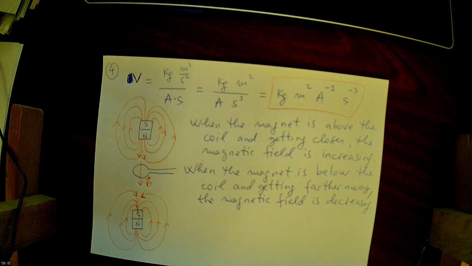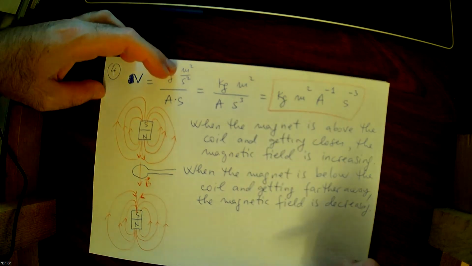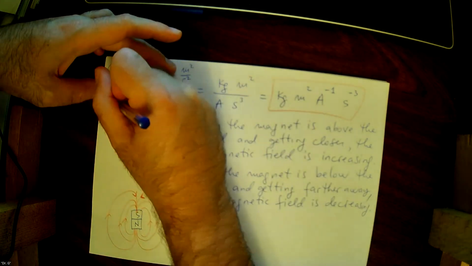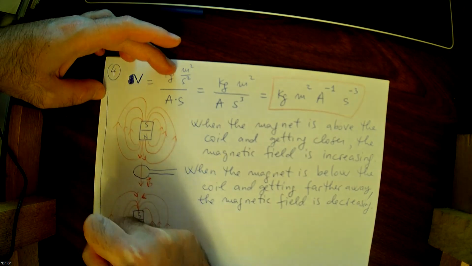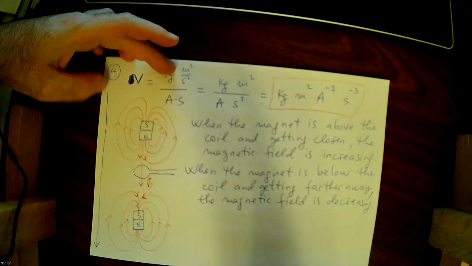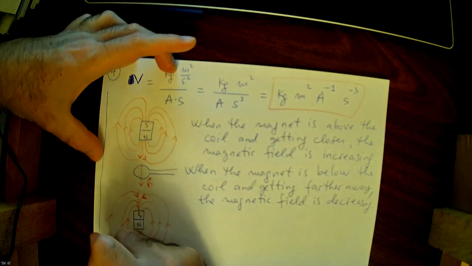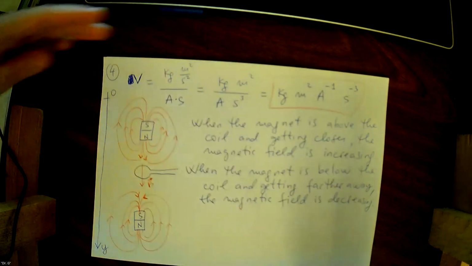So if we graph the magnetic field as a function of this y coordinate going down.